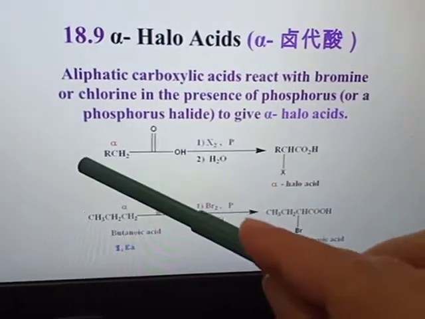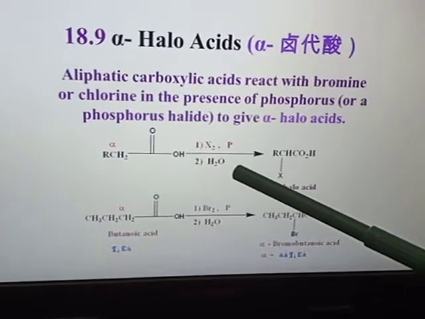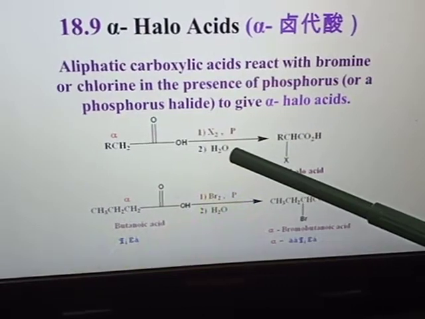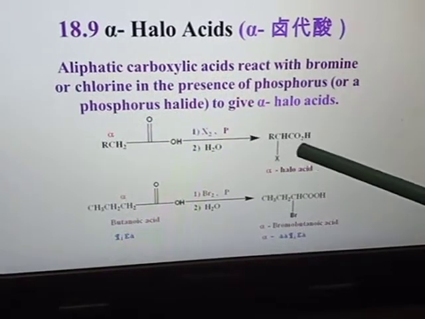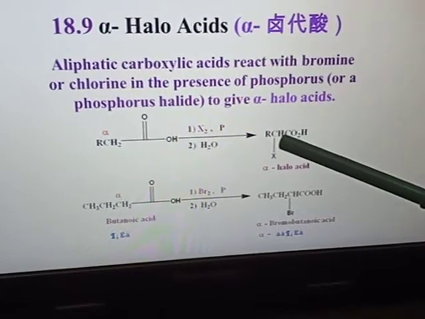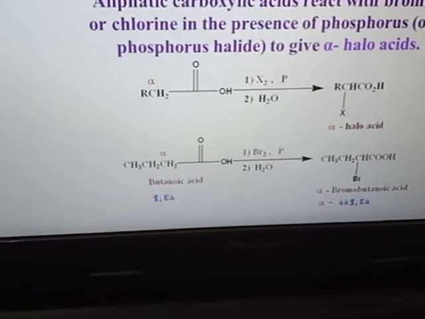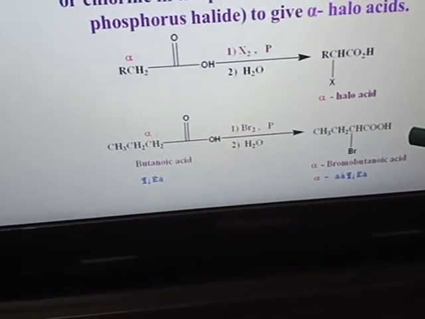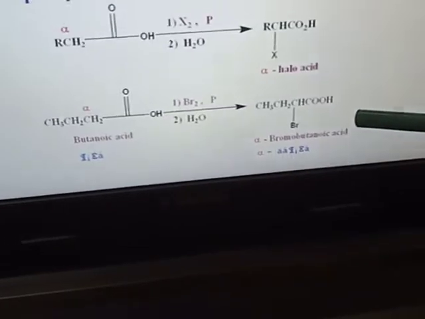This is the reaction: you have the aliphatic carboxylic acid, you react it with chlorine or phosphorus, and then you have the alpha halo acids. Alpha means the first carbon of the molecule. If you react with bromine, you have alpha bromobutanoic acid.